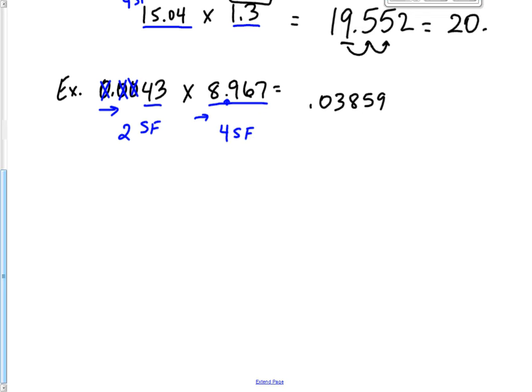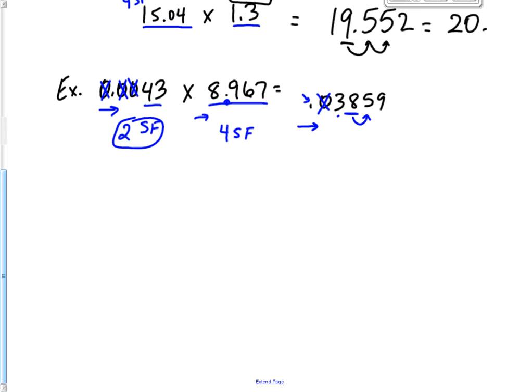We only need 2 because this is our smallest number of significant figures. So we're going to count to our second significant figure, moving from the left to the right because we have this decimal right here. Okay, skip this first 0, 1, 2. Here's our second significant figure.